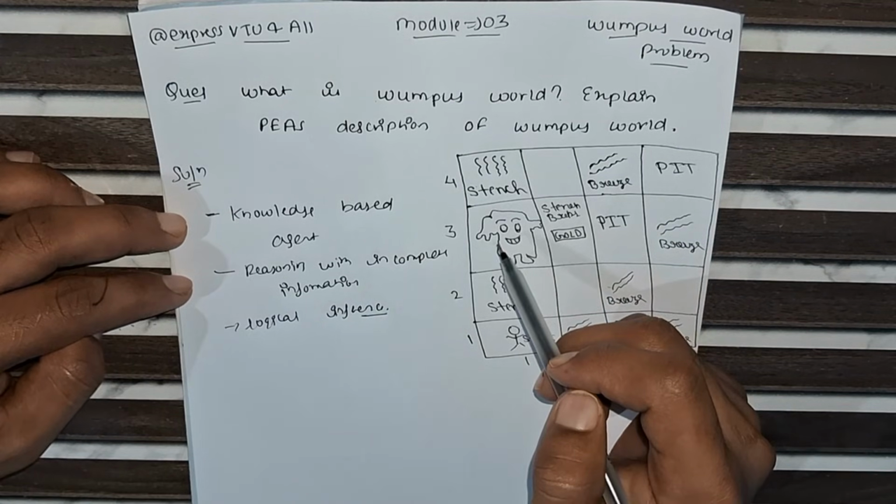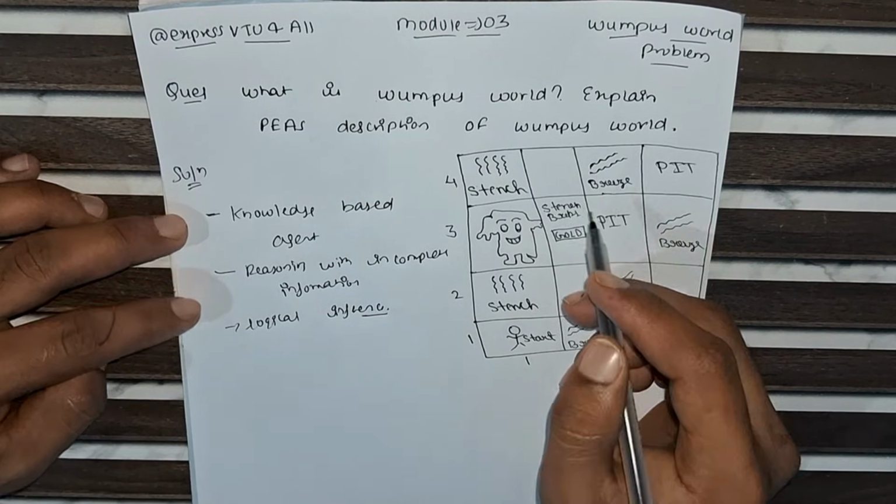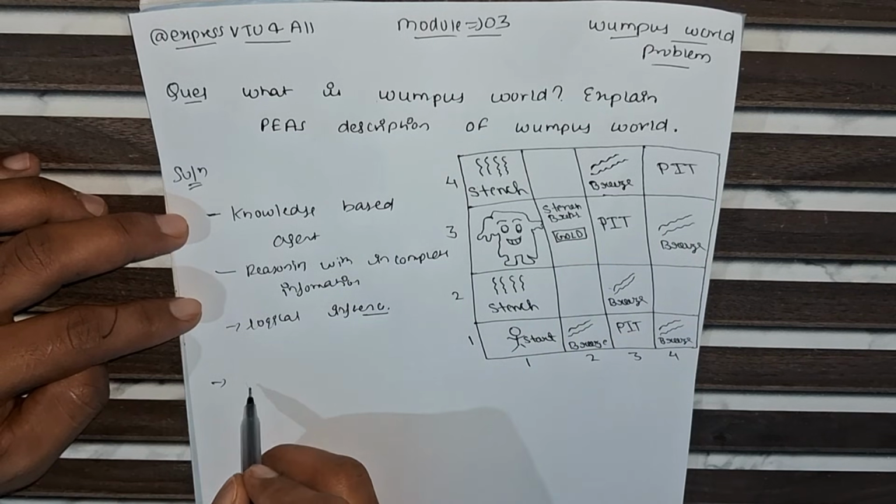Now, what is the PEAS description of Wumpus World? So, P stands for performance measure.